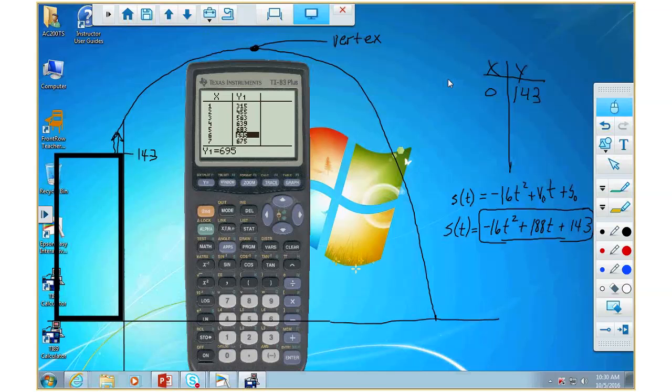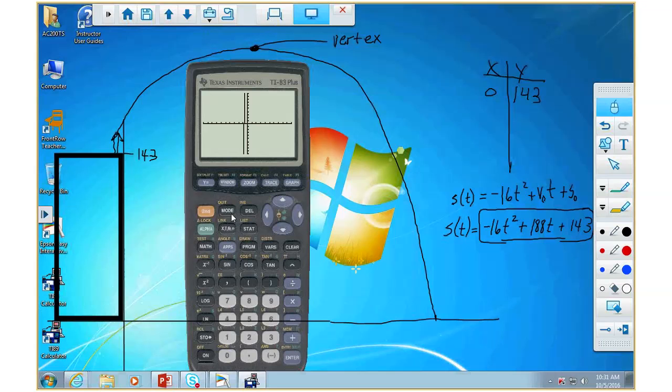So you can do that by hitting second, trace, and what are we looking for? The maximum, which is the vertex. And you hit zoom 6, maybe zoom 6 will do it better. Nope. What's the other one? Zoom.